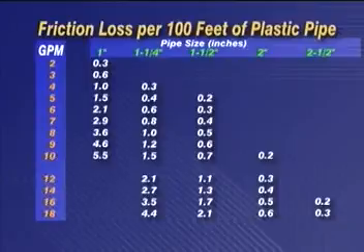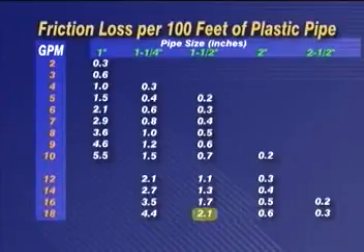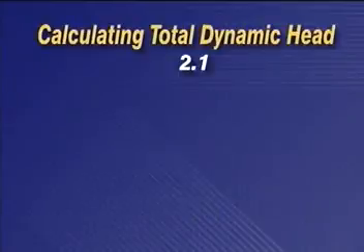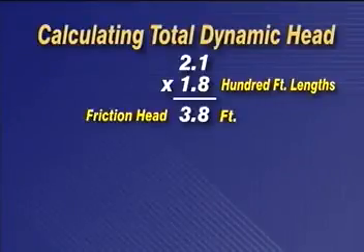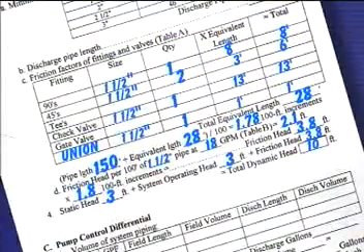From the table, we see that the friction factor in 1.5-inch pipe at a flow rate of 18 gallons per minute is 2.1 feet for each 100-foot length. When we multiply this 2.1 feet times 1.8, the number of 100-foot lengths, we get a total of approximately 3.8 feet of friction head. We enter this on our worksheet as friction head.